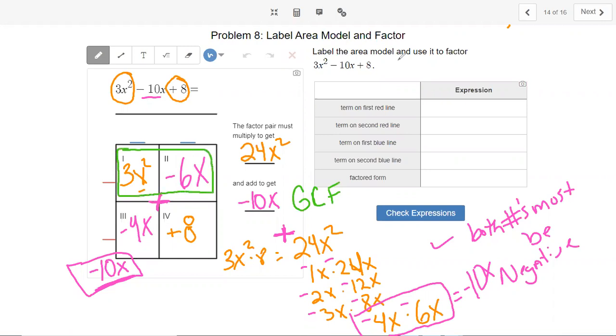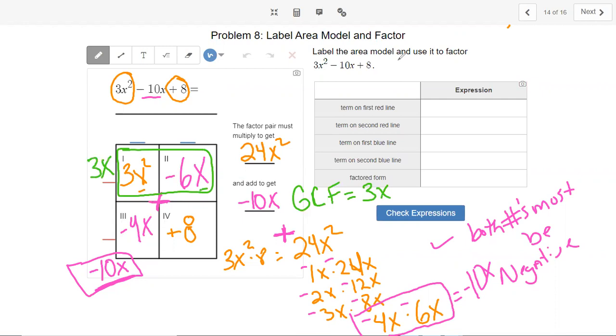So what is the greatest common factor of 3x squared and negative 6x? What is the greatest number that will divide 3 and negative 6? Well, that is 3. And both of them have an x, but the greatest amount we can take out is only one of those x's. So the greatest common factor must be 3x. All right, now that 3x is our key.